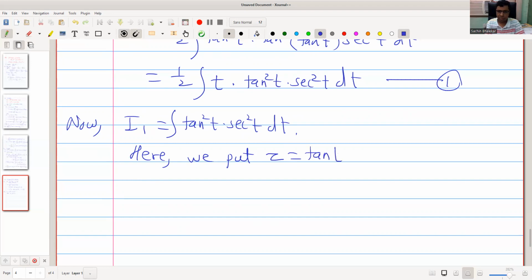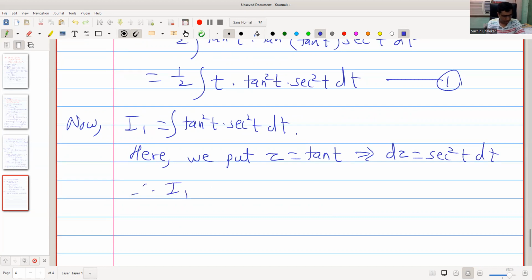Of course, there may be some other way to evaluate this, but one of these ways is to put z equal to tan t, so that dz equals sec square t dt.